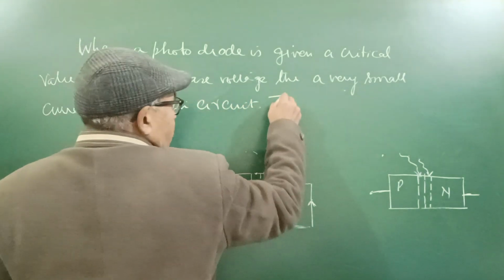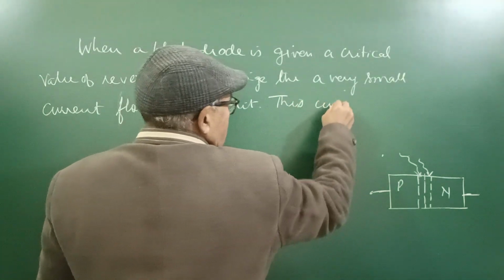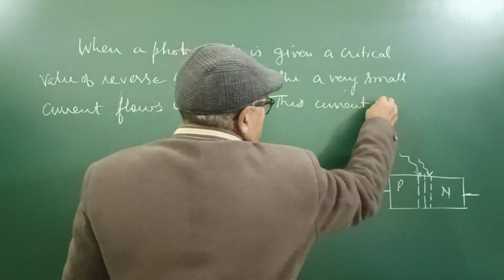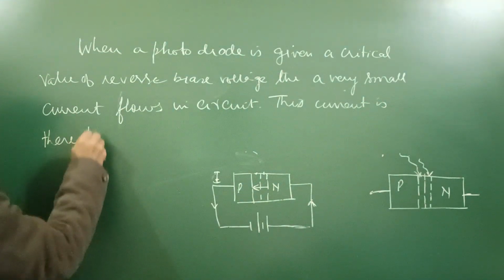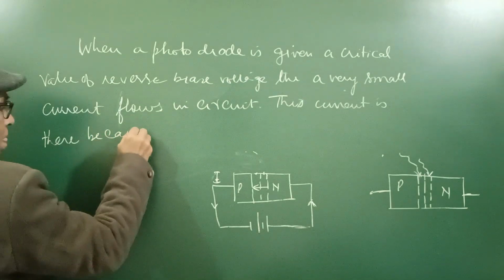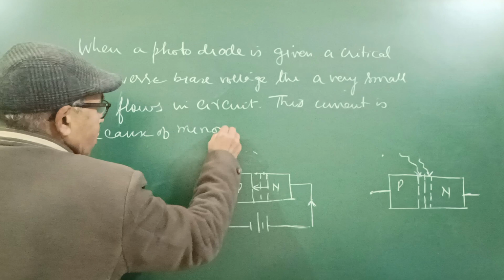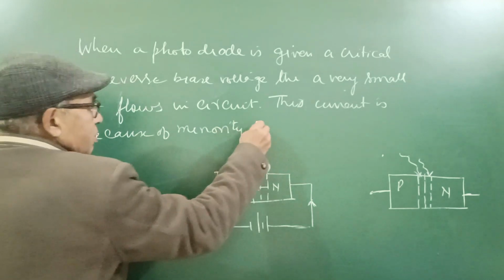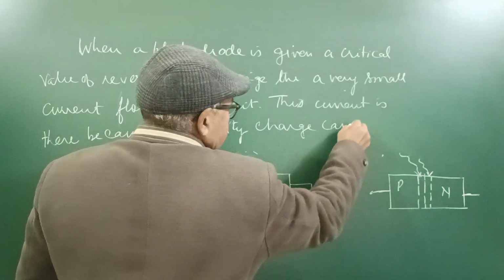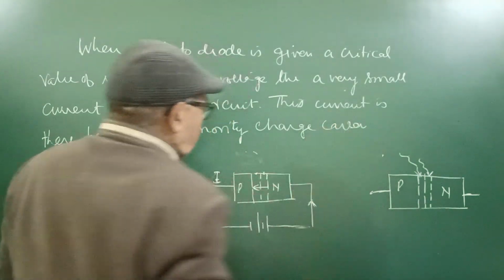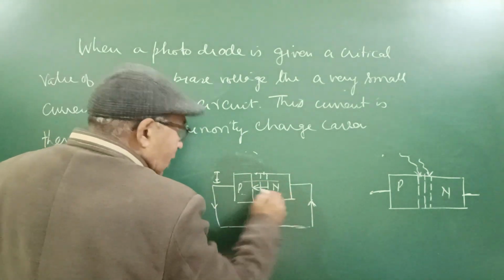and this current, we know, is there because of minority charge carriers. Actually, minority holes are repelled this way, electrons are repelled this way.